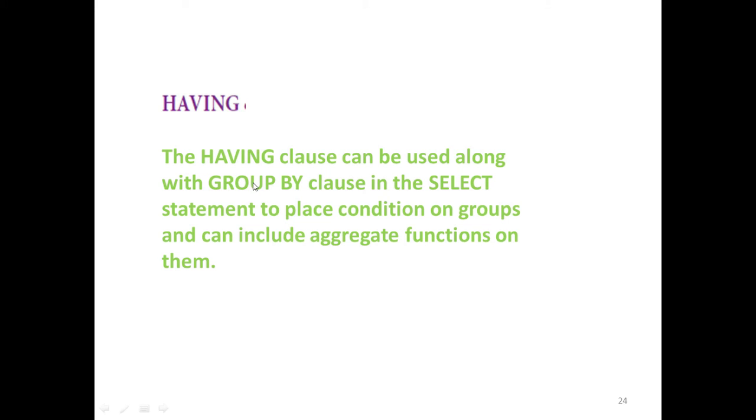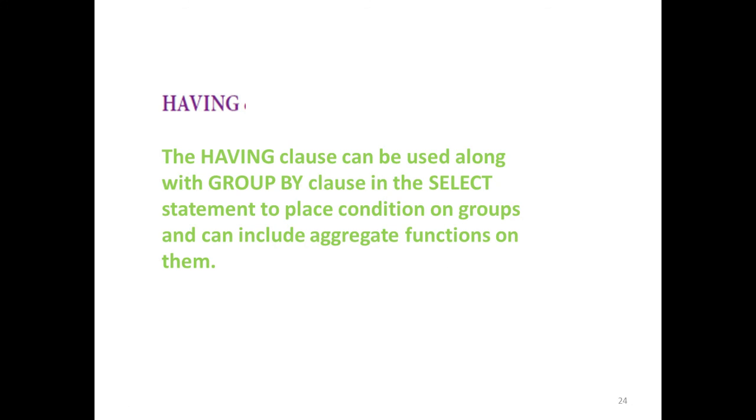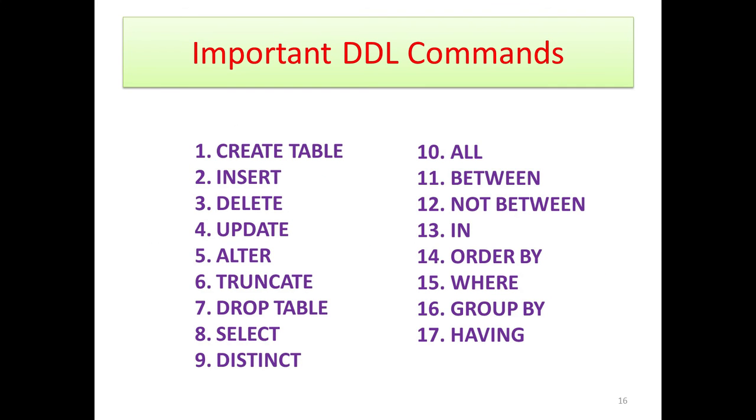Based upon this, you see the important DTL commands. The 17 commands are: create, insert, delete, update, alter, truncate, drop, select, distinct, all, between, not between, in, order by, where, group by, having.